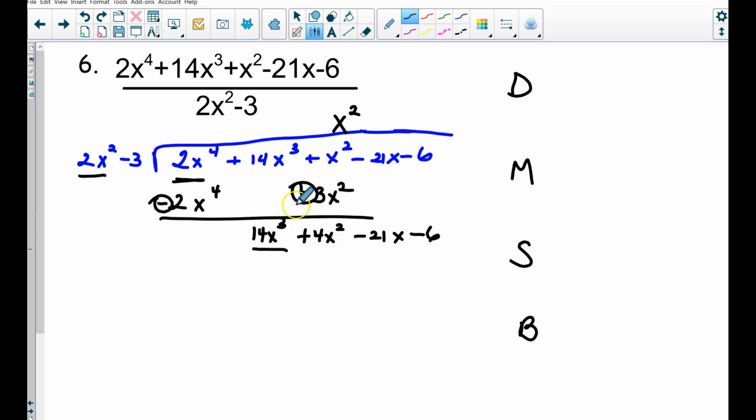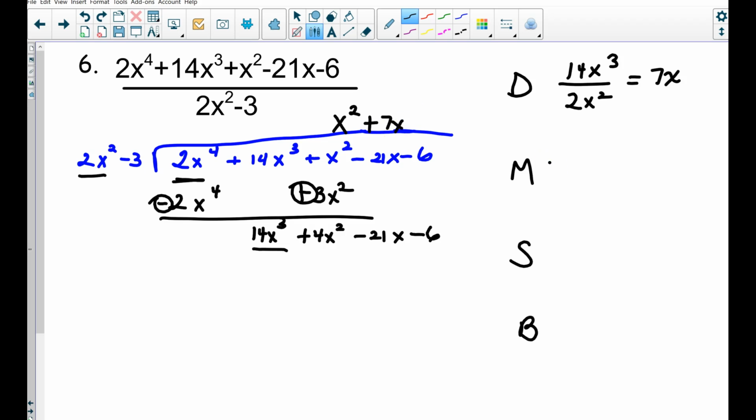So now I can repeat the process since I know that 2x squared can go into 14x cubed evenly. So I'm going to take 14x cubed and I'm going to divide that by 2x squared to get positive 7x. And I'm going to line that over the variable with the x term.